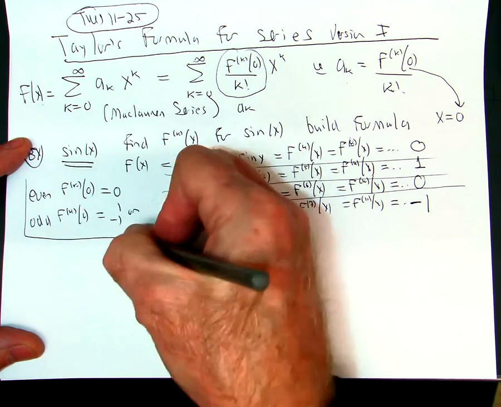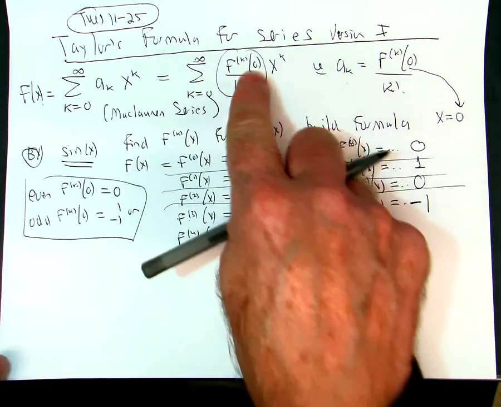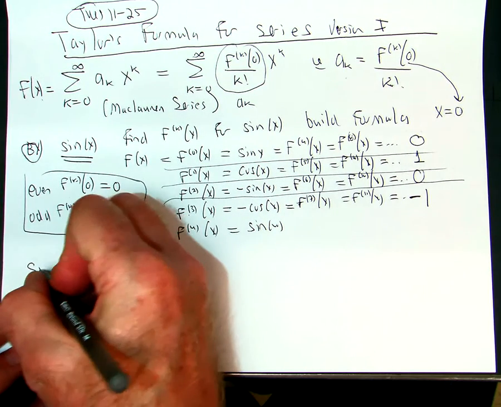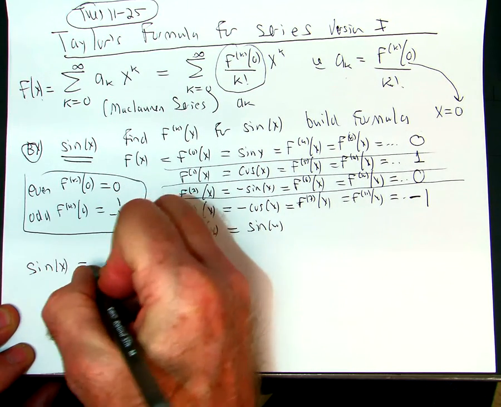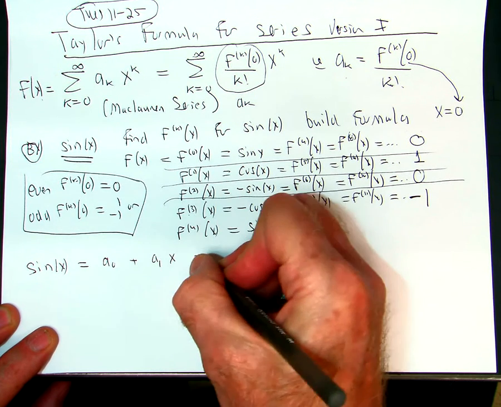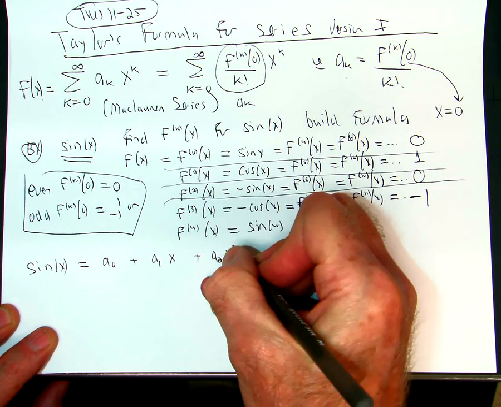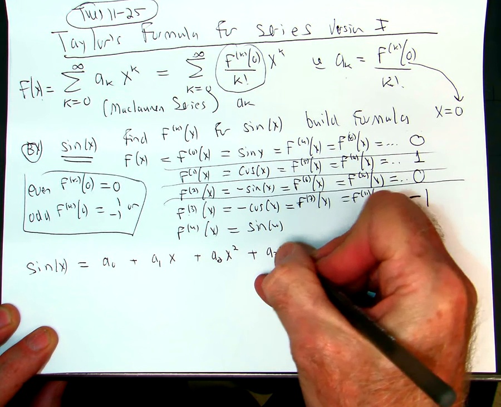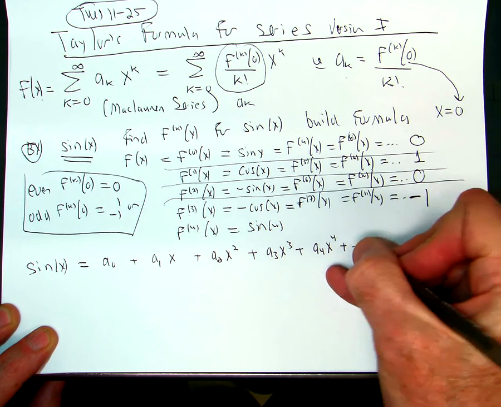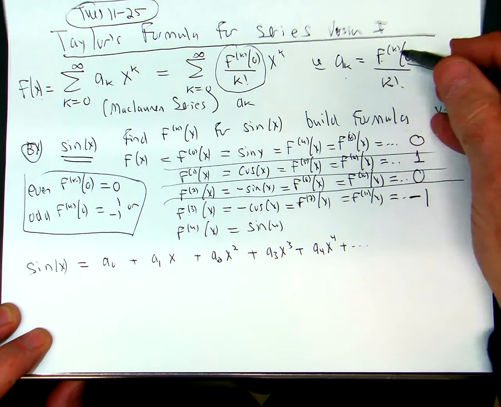Okay. So now I'm going to use this formula to build a series. So we'll go back to do this. I'm going to say the sine of x is equal to a0 plus a1 x plus a2 x squared plus a3 x cubed and so forth. Okay, here's my formula.